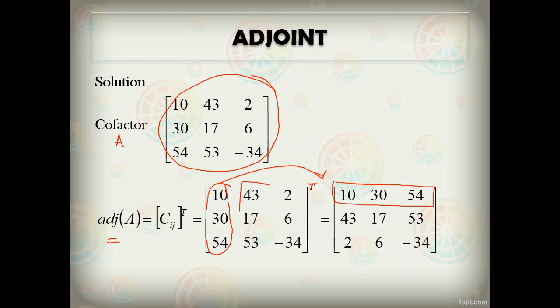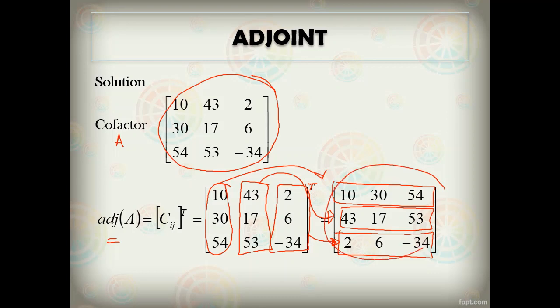Then the second column becomes the second row: 43, 17, 53. Then the third column becomes your third row. Now this is called the adjoint of matrix A. As simple as that.